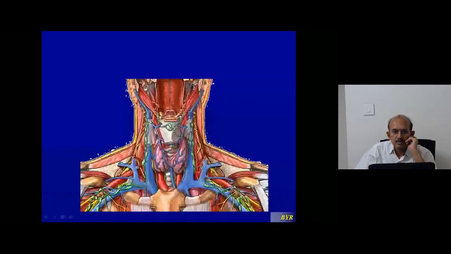So the other doubt is regarding the parathyroid glands. How do we safeguard the parathyroid glands? I hope you are seeing the slides.